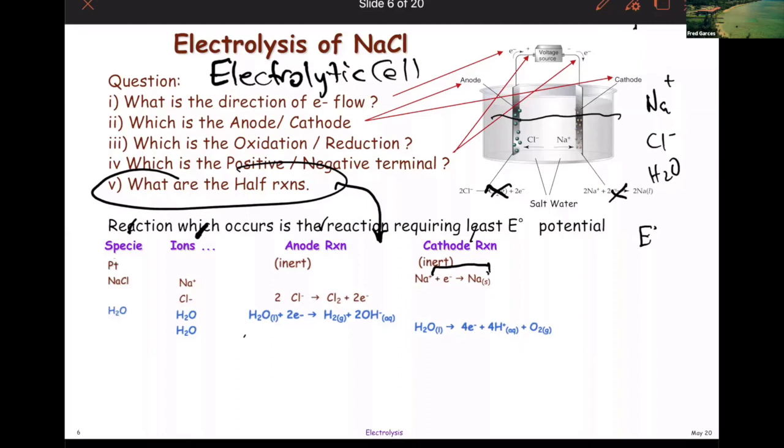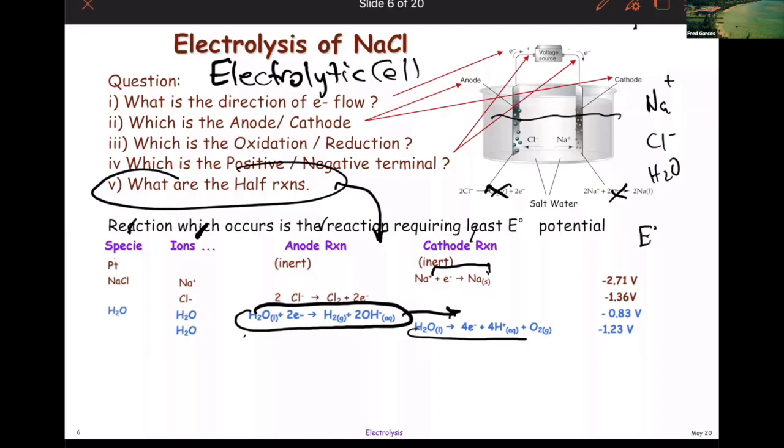And so we put the electrochemical potential, and what we need to do is figure out what are going to be in competition with each other. I apologize for the format. This should be under this column, and this should be under this column, okay? Because this is the oxidation potential. This should be the reduction potential for water, okay?